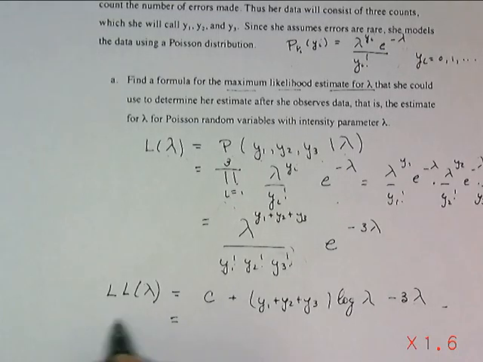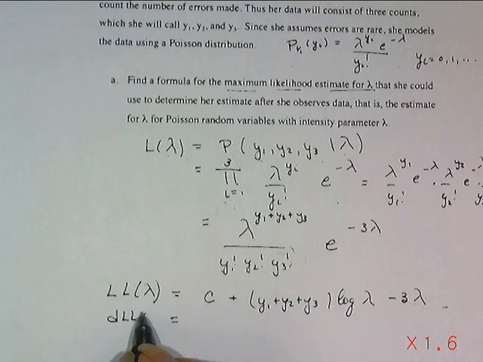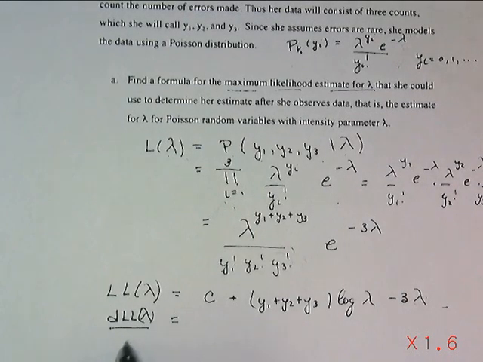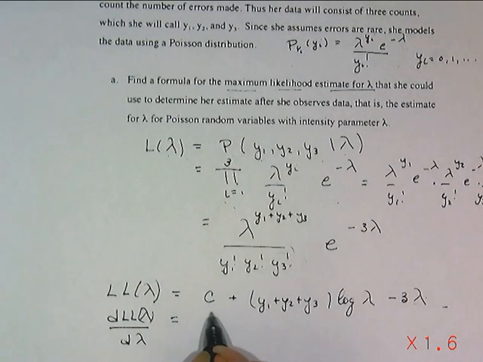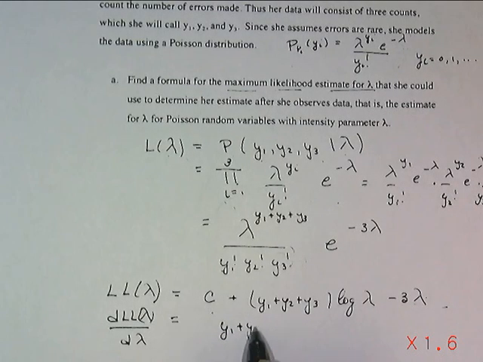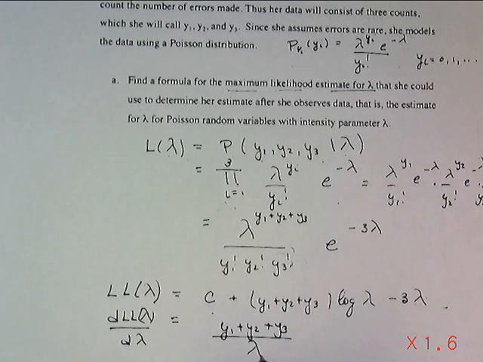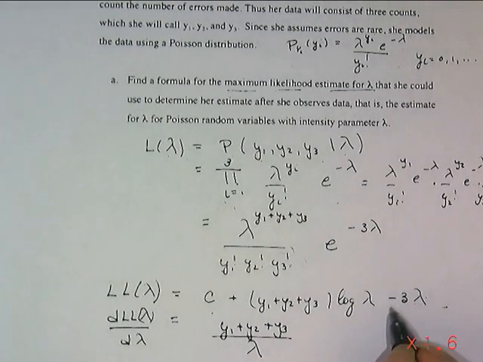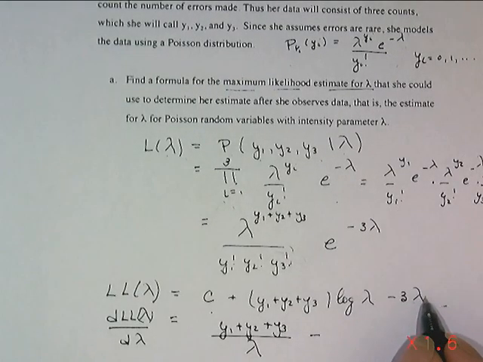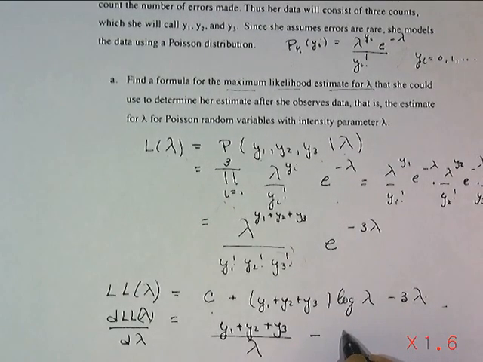I want to find the lambda that maximizes this, so I'm going to take the derivative of the log of the likelihood with respect to lambda, and I'll get 0 plus y1 plus y2 plus y3 times the derivative of the log of lambda, which is 1 over lambda, minus 3 times the derivative of lambda, which is 1, so it's minus 3. I set it equal to 0 and solve for lambda.